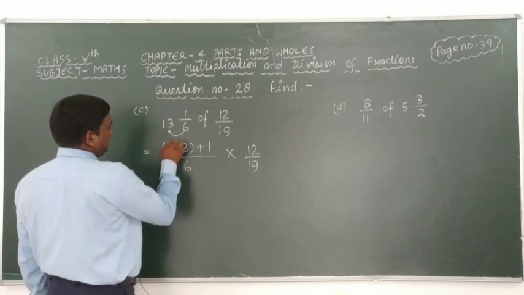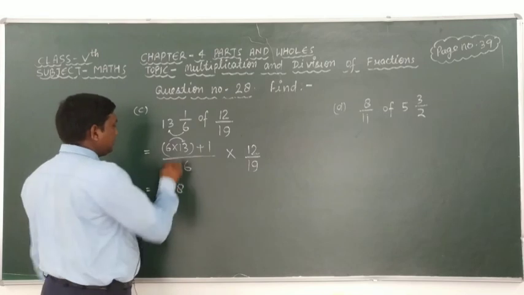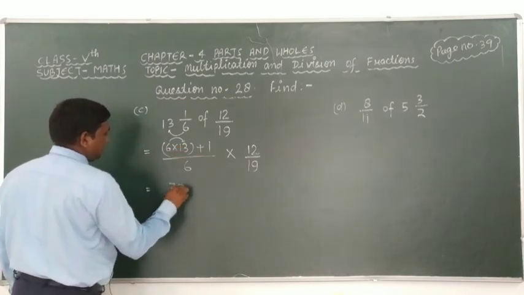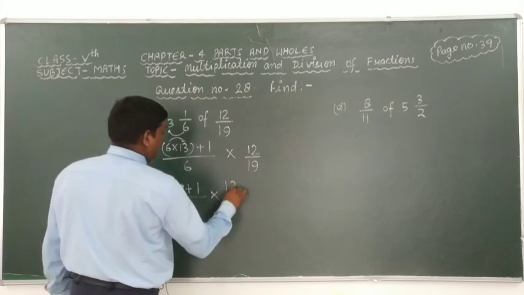After multiplying these, we get 6 3s are 18, 8 carry 1, 6 1s are 6 plus 1 is 7, plus 1 over 6 into 12 over 19.